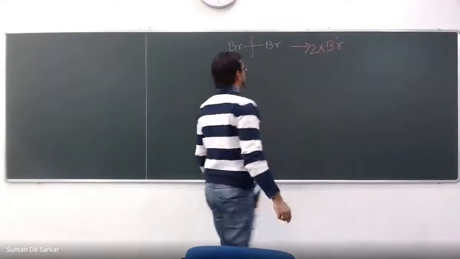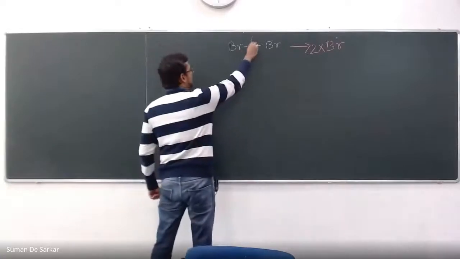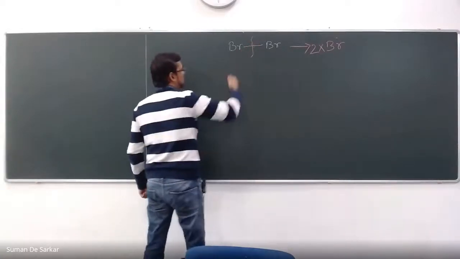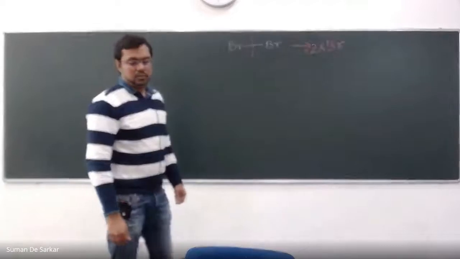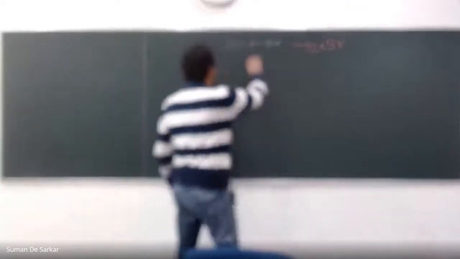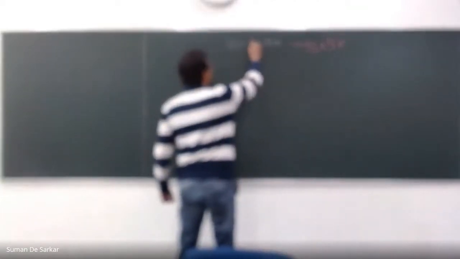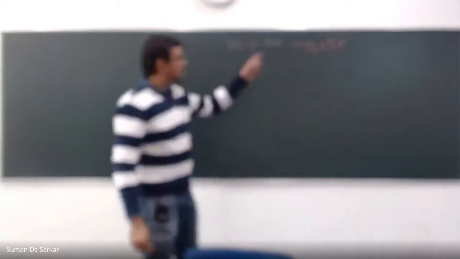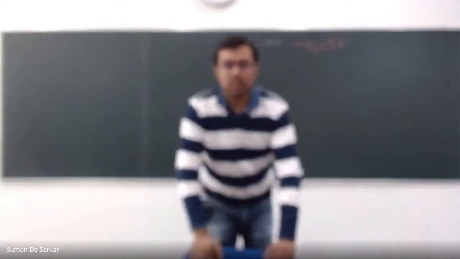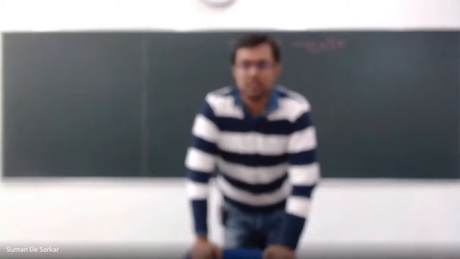If you cleave homolytically, the bond pair's two electrons are shared equally, and then you get two halogen radicals.